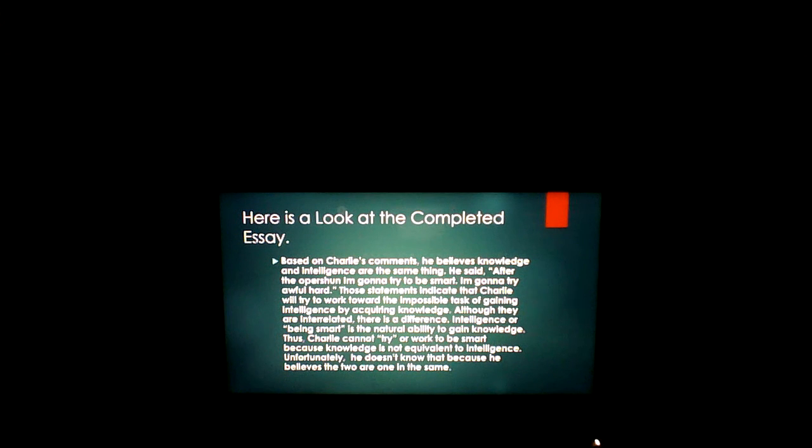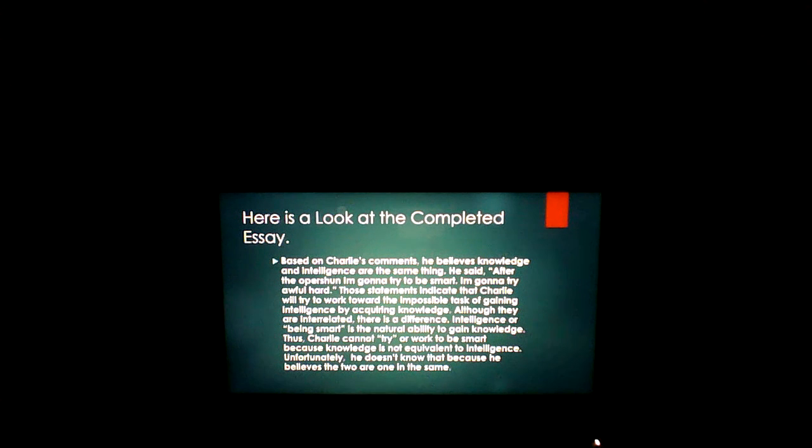Based on Charlie's comments, he believes knowledge and intelligence are the same thing. That's our restated prompt. He said, after the operation, I'm going to try to be smart. I'm going to try awful hard. That's our support for our opinion because we've slipped our opinion into the introductory sentence without saying I or in my opinion.